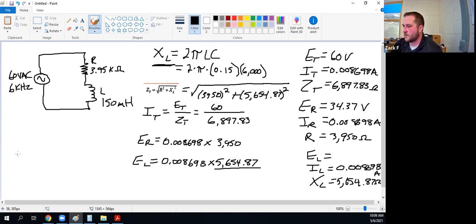So E sub L equals I sub L times X sub L, inductive reactance, right here. That's where that number comes from. E equals I times R, it's just Ohm's law. Right, this is the voltage across the resistor, and this is the voltage across the inductor.